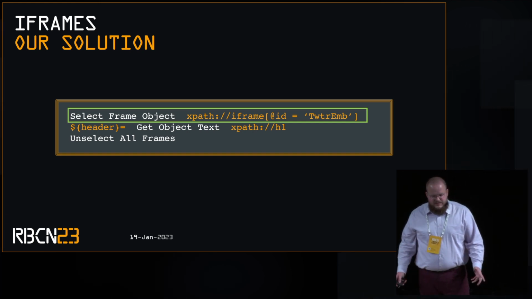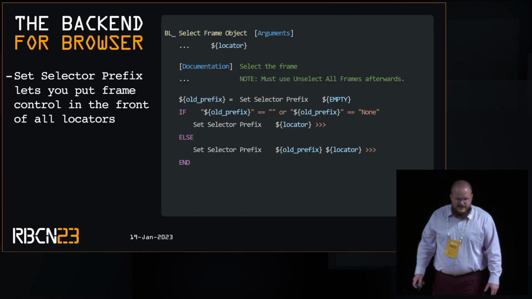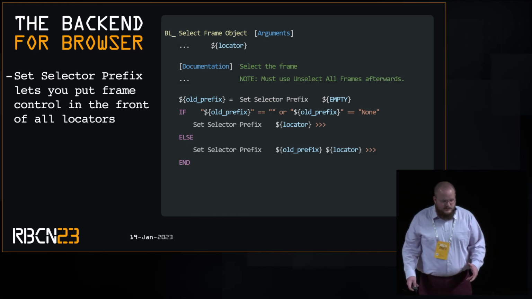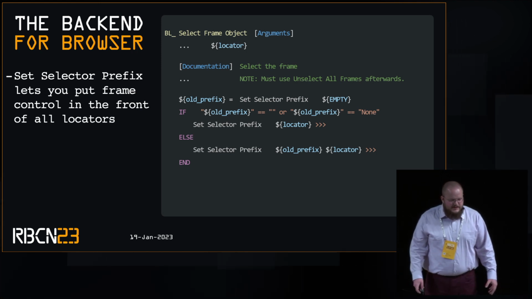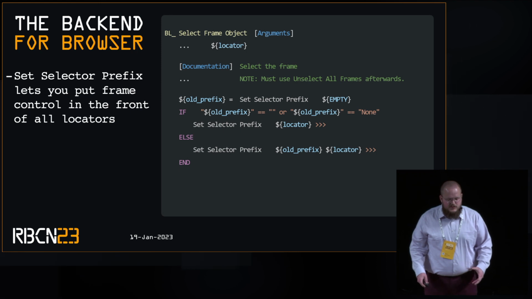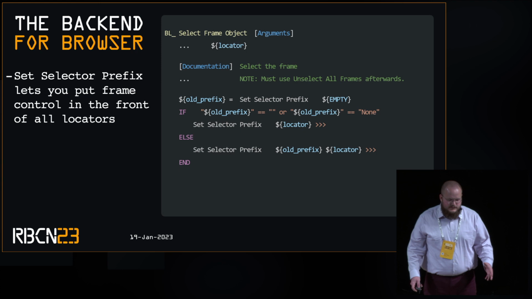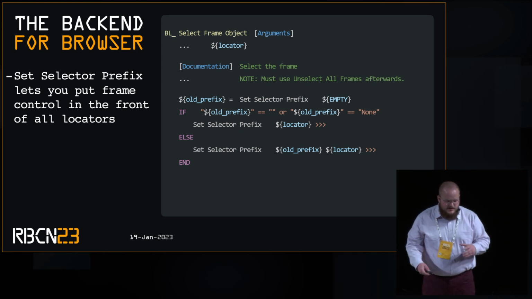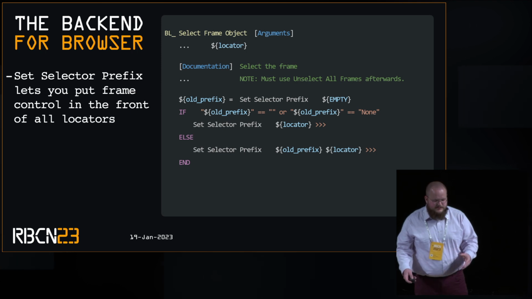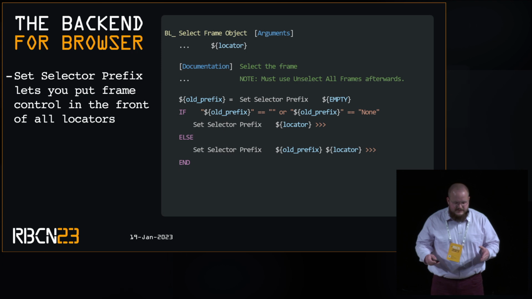So in order to implement that same behavior in browser library, we used a keyword that's quite new to browser library called setSelectorPrefix that lets you prefix all locators with a certain prefix. So for example, in our implementation of browser library select frame object, we check to see if that selector prefix is empty.